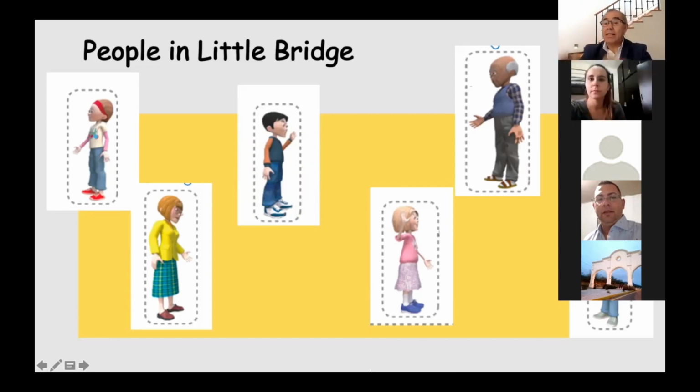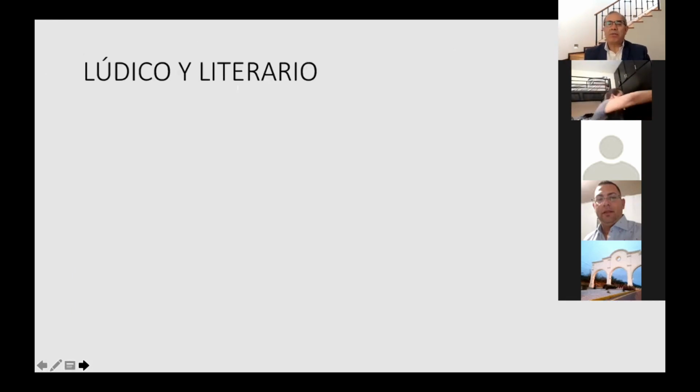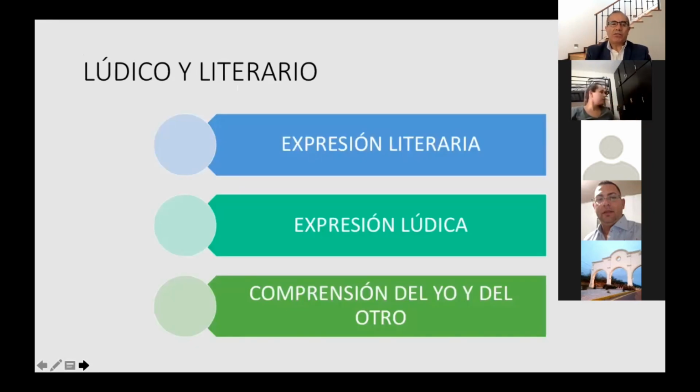So when you see how you are going to introduce these characters to your children, it's super important that they know them, because it's not about Michael Jordan or The Weeknd or anybody. It's people in the platform who live there, and they need to be familiarized with their names and what they do, etc. So another environment that I'm sure you know, it's called ludic and literary.